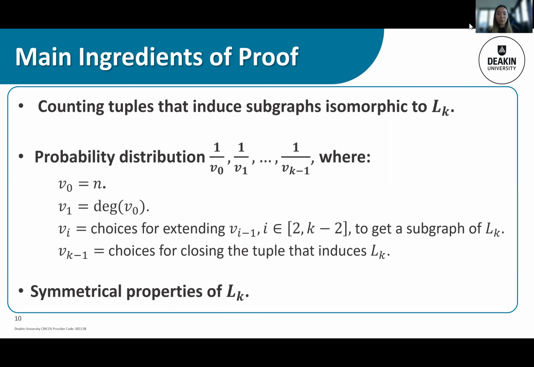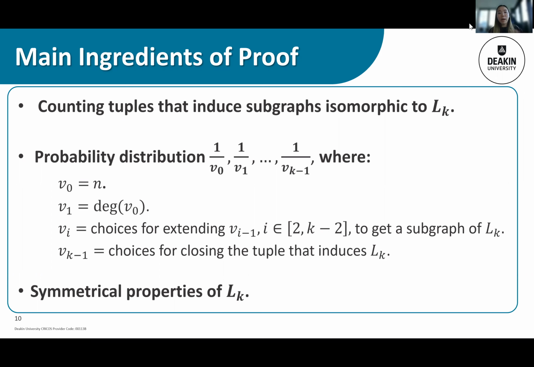The condition for the last vertex is that it has to close the tuple such that it induces a double loop graph. And the choice for V_i is that it has to be a neighbor of V_{i-1} and V_{i-2}. That is the condition of the double loop graph.